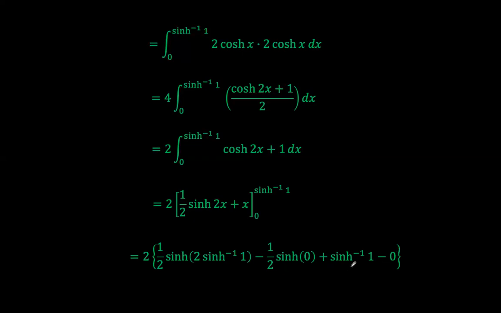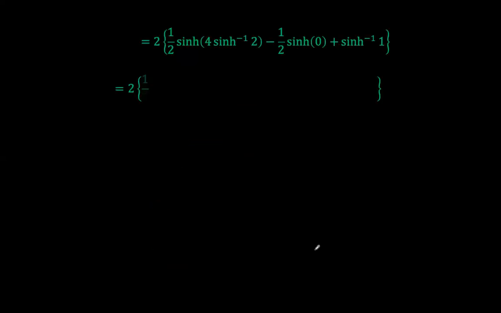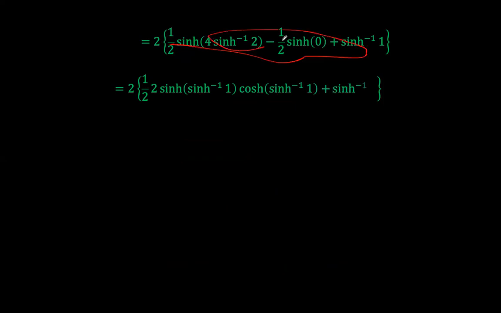So obviously this and that go away. And so, forget this. So we have now 2 times half. This is supposed to be 2, and this is 1.